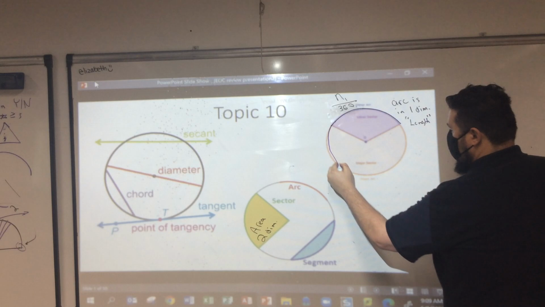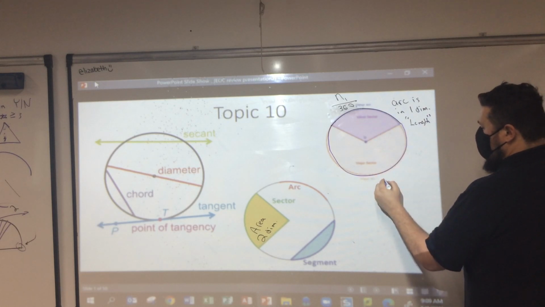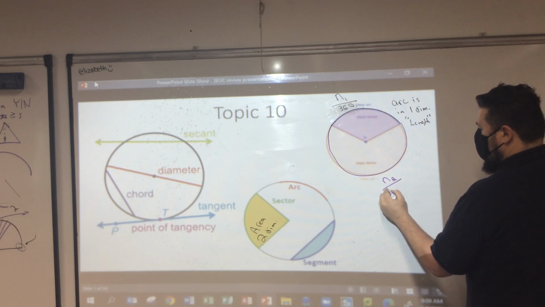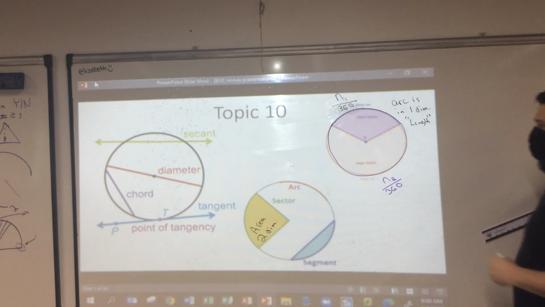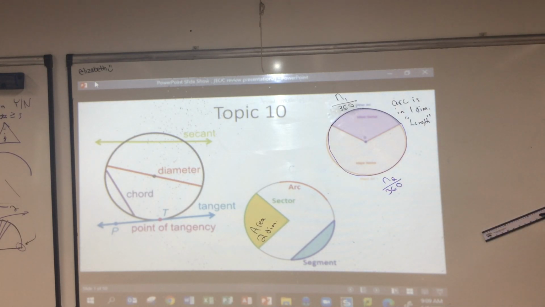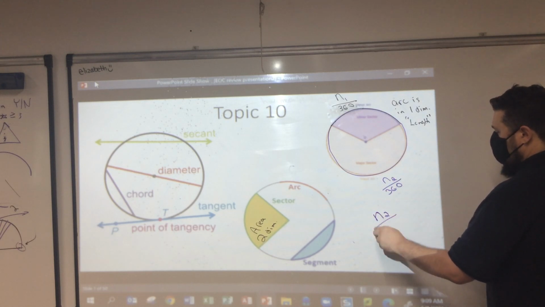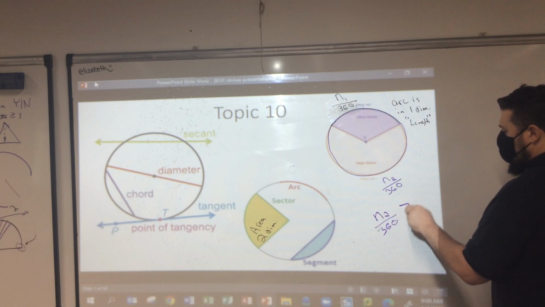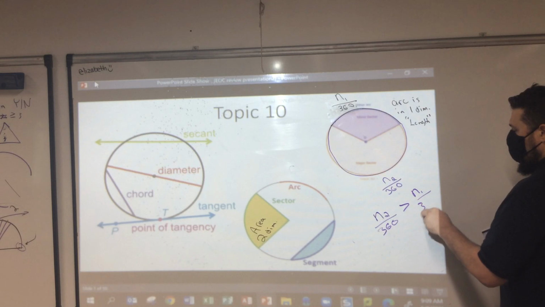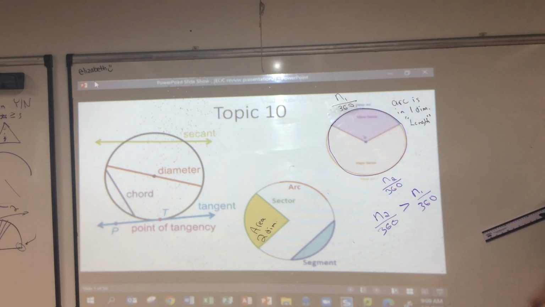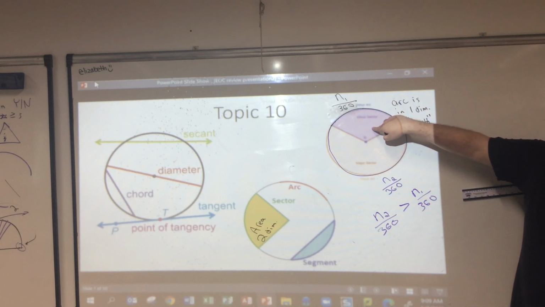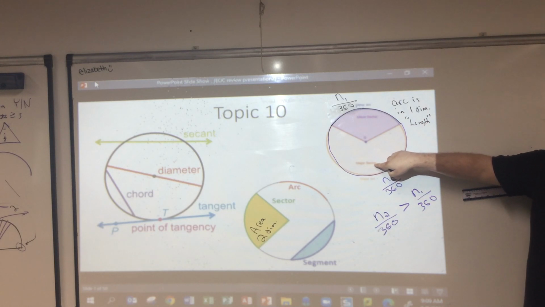It probably is if we measure it. This part in purple is n2 over 360. Since n2 over 360 is greater than n1 over 360, that makes this the minor arc because it's less than 180, and this is the major arc.